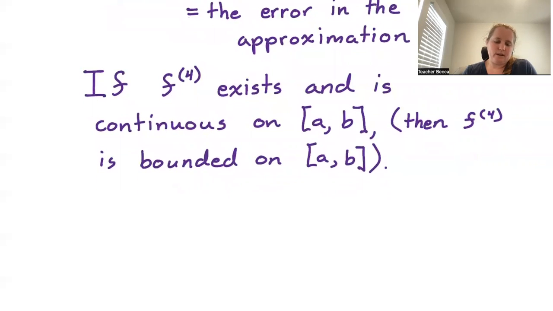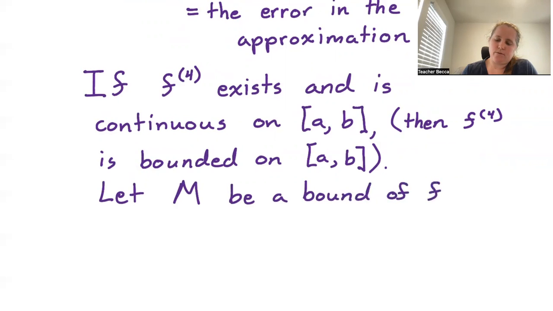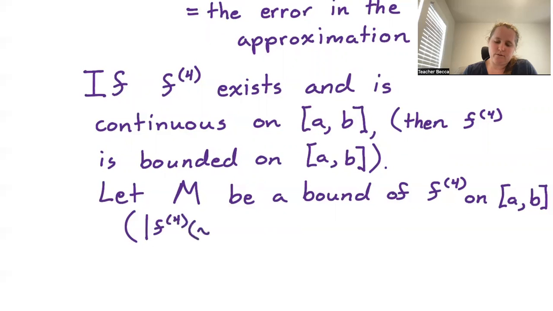So we'll let capital M be a bound of the fourth derivative of f on [a, b]. Again, that just means that the absolute value of the fourth derivative of f is less than or equal to M on [a, b].